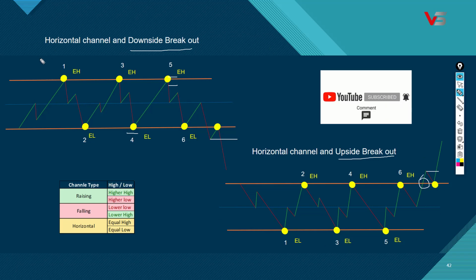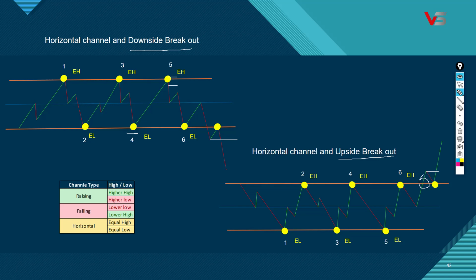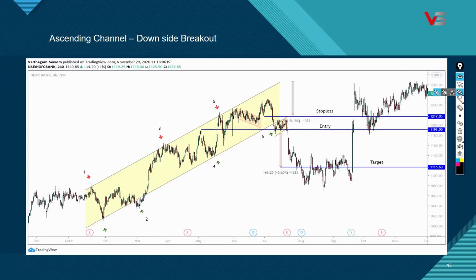Based on which side the breakout happens, we can identify trend continuation or trend reversal. Next we will see some of the channel charts which I have marked on the TradingView website, and afterwards we will see how to draw the channel on the TradingView website.